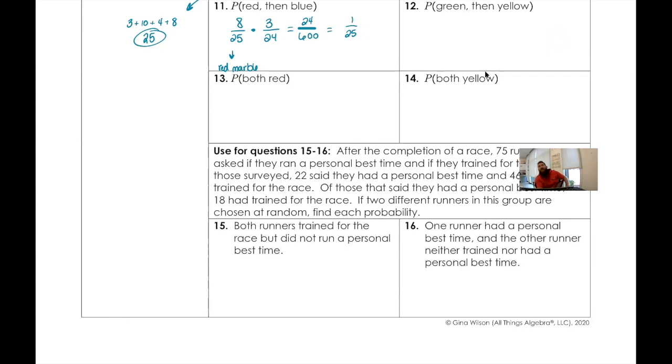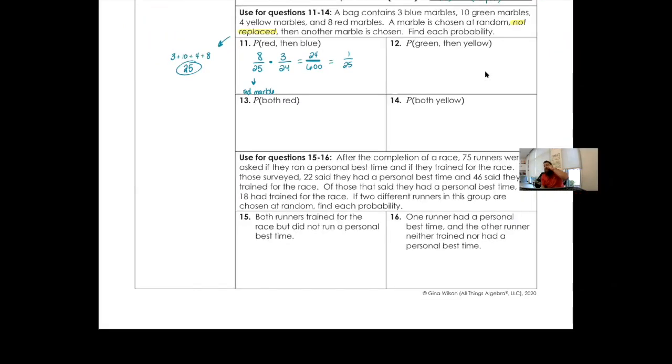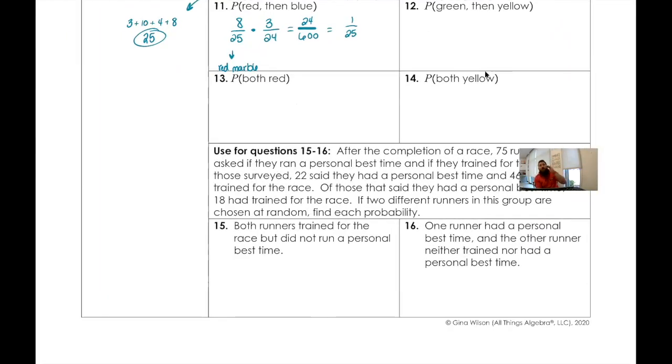We're going to do those two together because it is important that we know if we're doing this, we are going to assume the event that we want to happen is exactly what happened. So the probability of both marbles being red. So I'm going to reach into that bag. I'm going to pull out a red marble. I've got an 8 in 25 shot of pulling out that red marble. Remember, we just said, hey, we pulled a red marble.